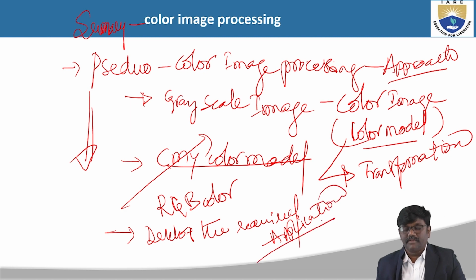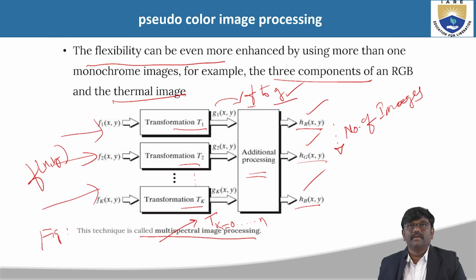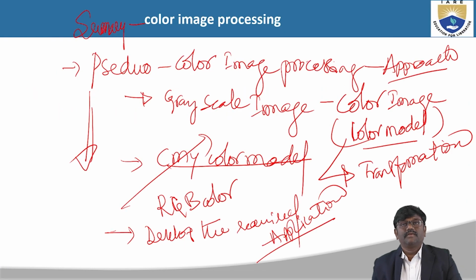Required application in the sense that we are discussing is based on your selected application. In the previous class, where we concentrated on color image processing, we can apply complete image processing depending upon your required application. What are the applications?